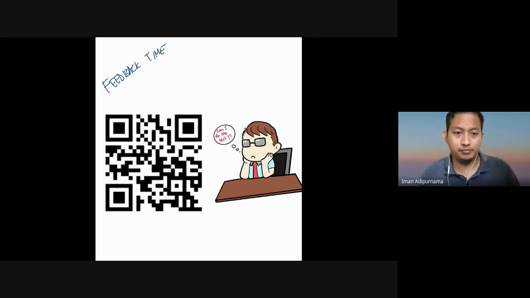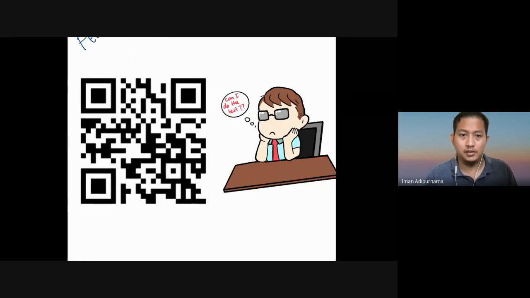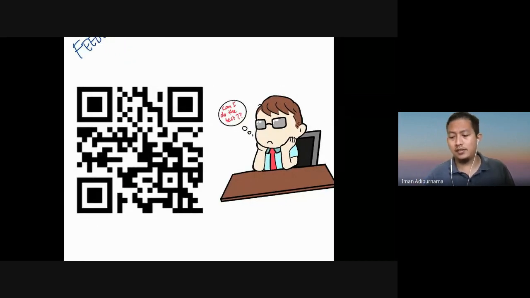If you have pen and paper, please prepare it, because there is some calculation that you need to write. So please go and scan the QR code.